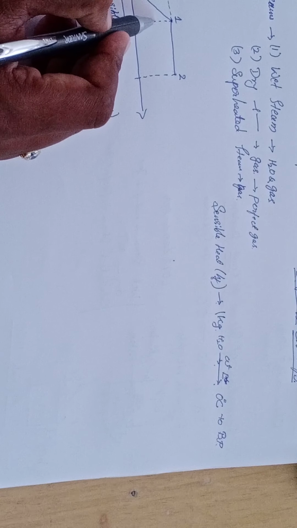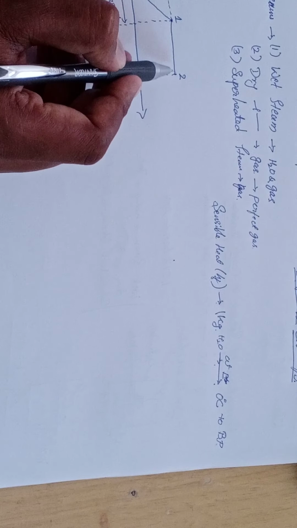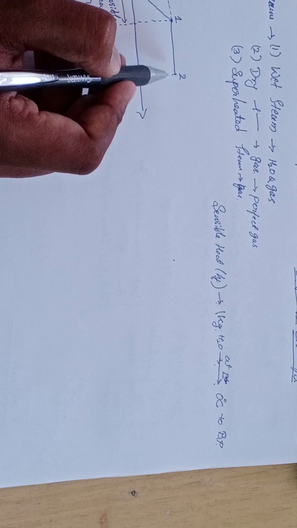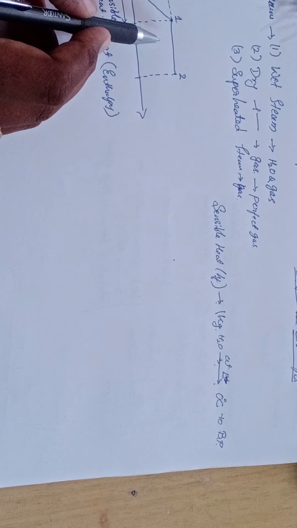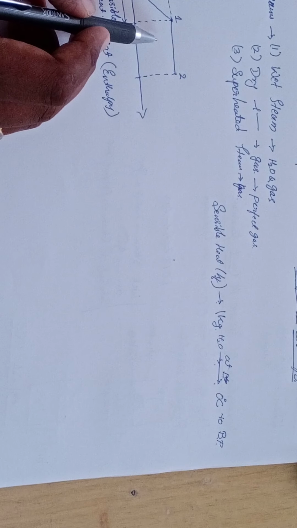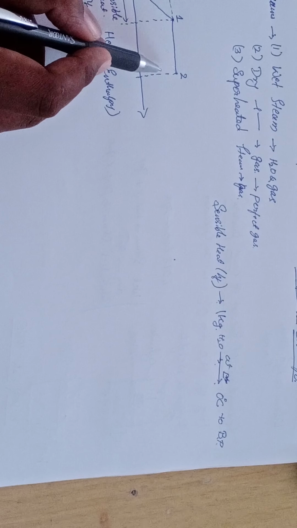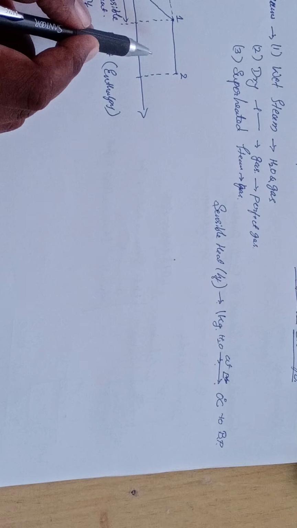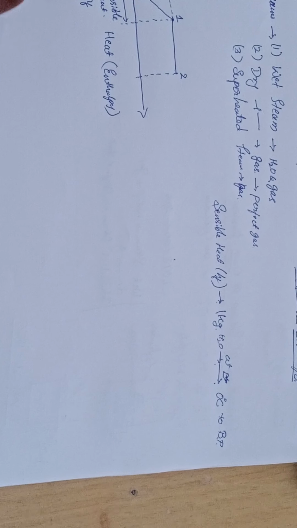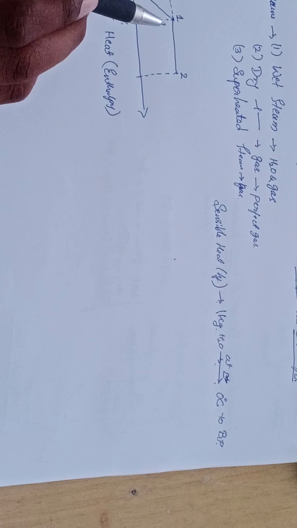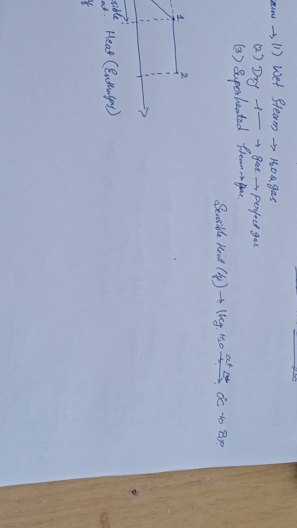Here the liquid is converting into steam. This steam contains water particles as well as gas particles, a mixture of water vapor and gas particles, so it is called wet steam. Here we need to convert it completely into dry steam.